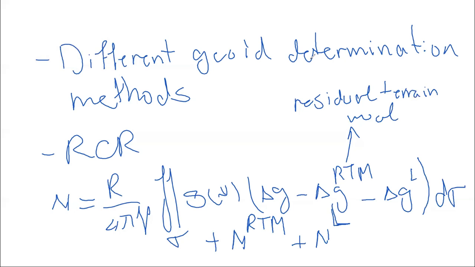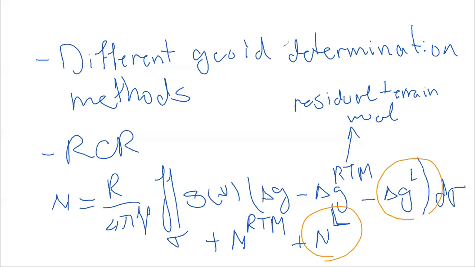So as you see, there is no kernel modification here, and they assume that the long wavelength structure of the gravity field, which is normally taken from the satellite gravity models, is already known.